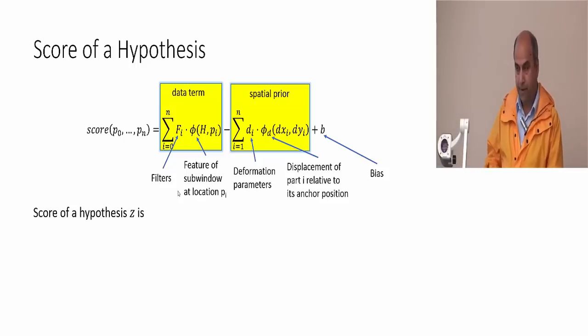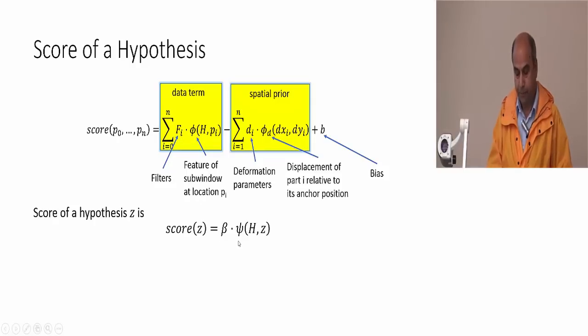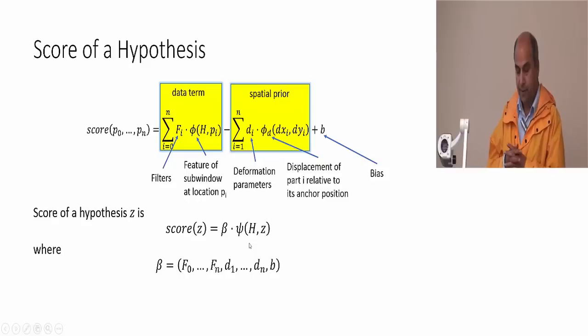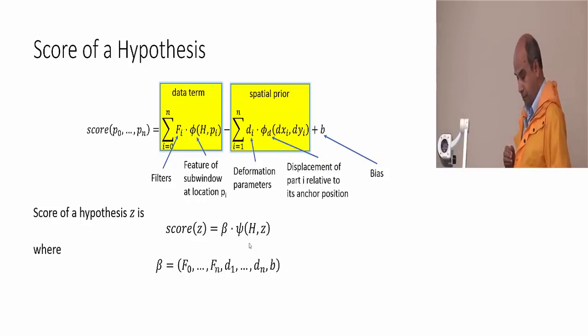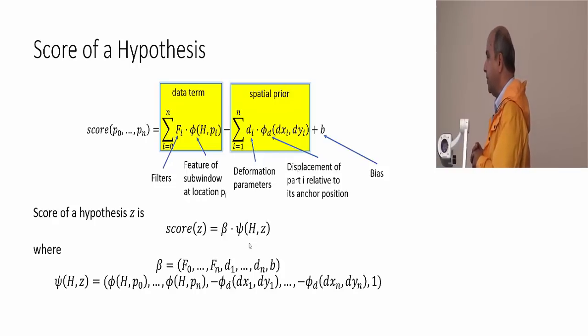So the score of hypothesis z depends on this multiplied by this. Beta contains the unknowns, which has the filters F0, F1, all the part filters, the deformation parameters for part 1, part 2, there are d's, and the bias. And then Ψ(H, z) is the known.